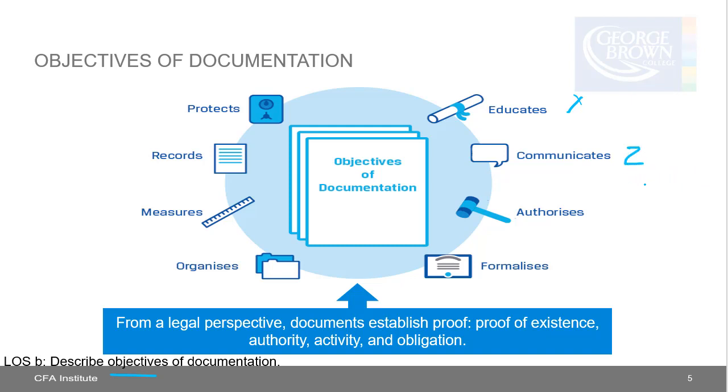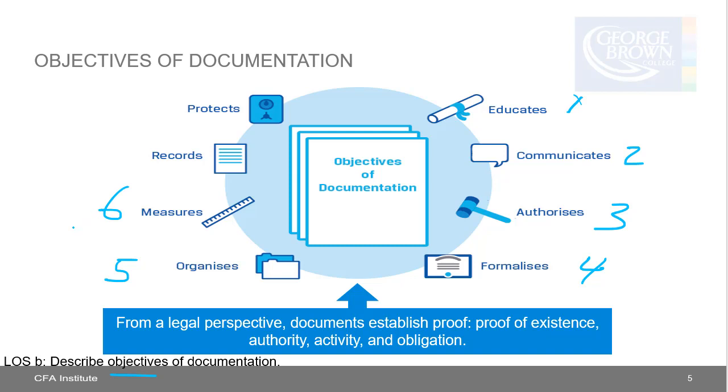Number 2, it communicates, conveys ideas, concepts, or information. Number 3, it authorizes, provides the basis and often the authority for action. Number 4, it formalizes, establishes roles, deliverables, and obligations. Number 5, it organizes, ensures thoroughness and consistency of action, allowing the company to function more efficiently and effectively.